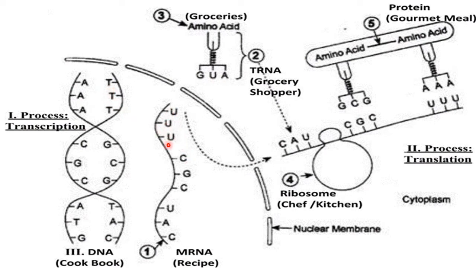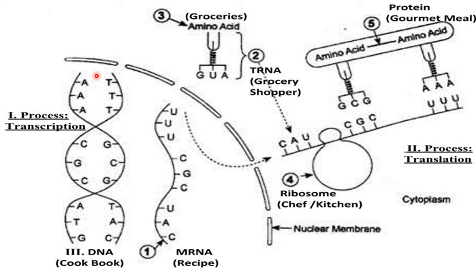And this is a long string of letters with U's. How can you tell it's an mRNA? Well, it's a single strand, not a double, and it has U's, uracil, instead of T's. Now, this is how it was transcribed.